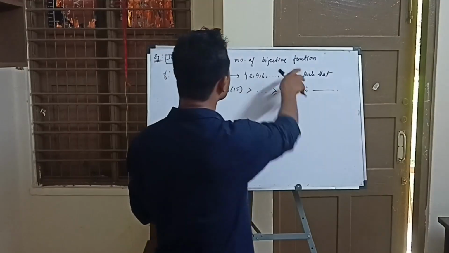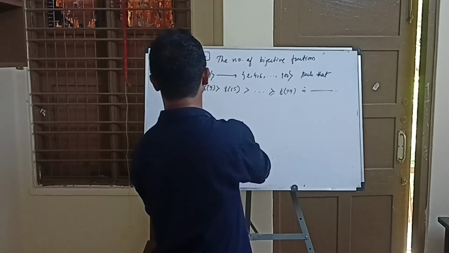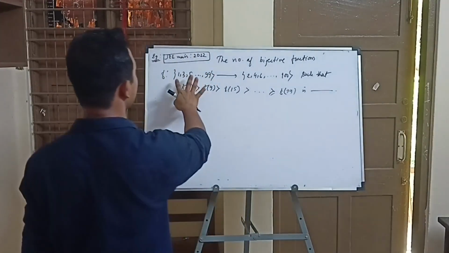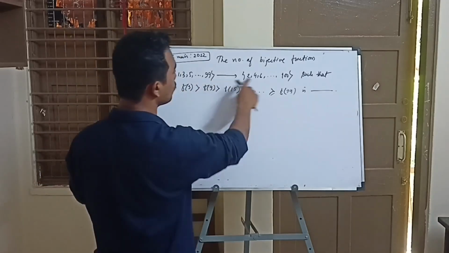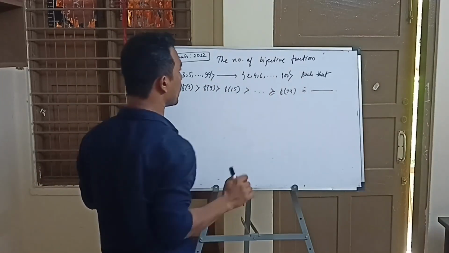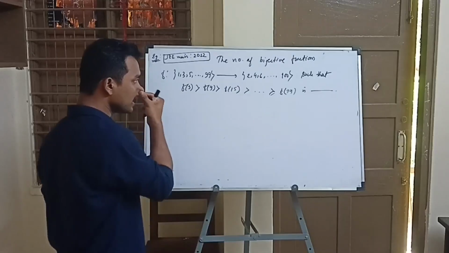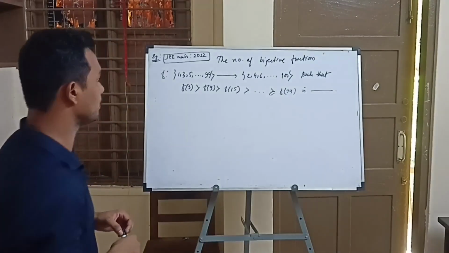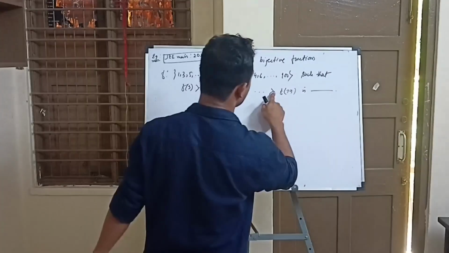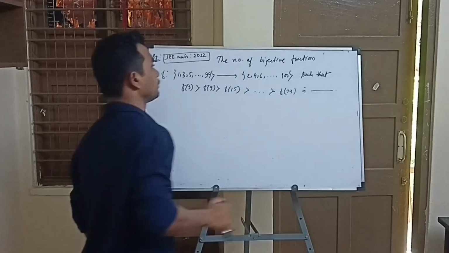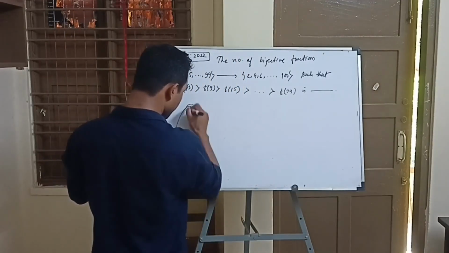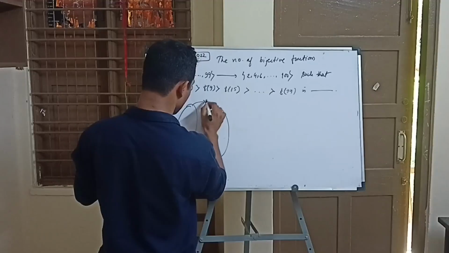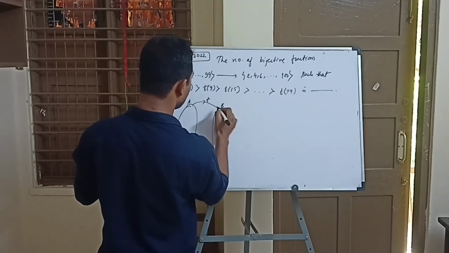The number of bijective functions from f of 1, 3, 5 up to 99 to 2, 4, 6 up to 100 such that f of 3 is greater than f of 9 is greater than f of 15 is greater than up to f of 99 is how much? Let me do a pictorial diagram to understand this problem properly.